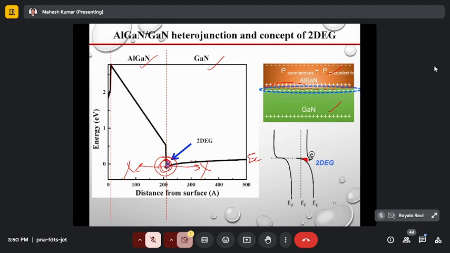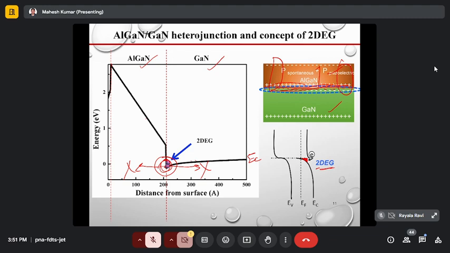When they are trapped, you can see the complete band diagram here, and this trapped electron layer we call a two-dimensional electron gas, a 2D electron gas, and this behaves similar to graphene, a 2D material. Now in the third direction, we can make the contact, source and drain, and these carriers are free to move at the interface.